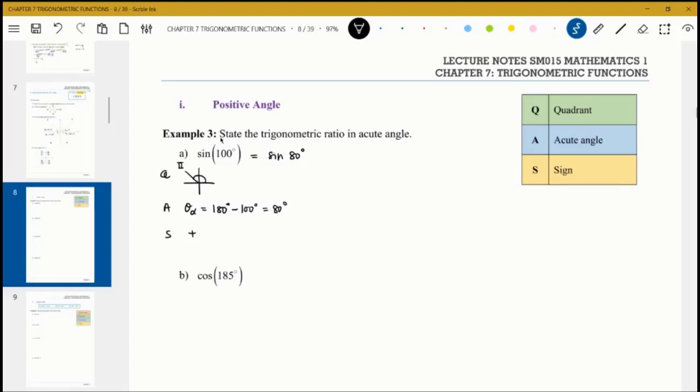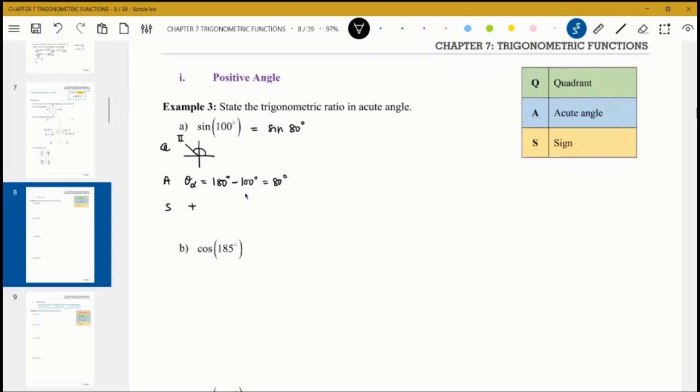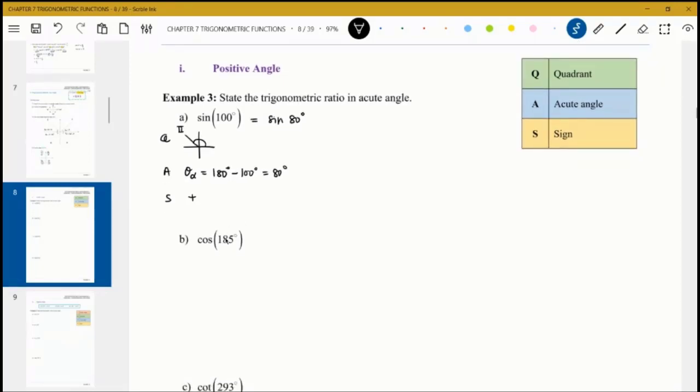Okay, kita tengok pula part B untuk kita nampak various ataupun variety. Cos 185 dalam ni adalah positive angle. So kita boleh proceed kepada quadrant. 185, quadrant berapa? Ini adalah 0, ini adalah 90, ini adalah 180, 270, 360.